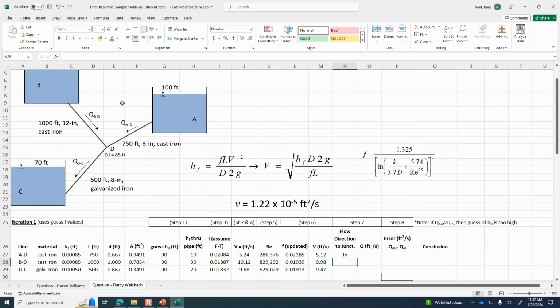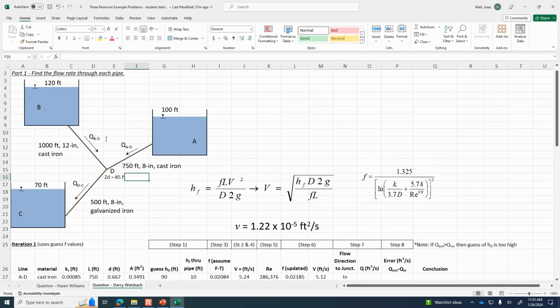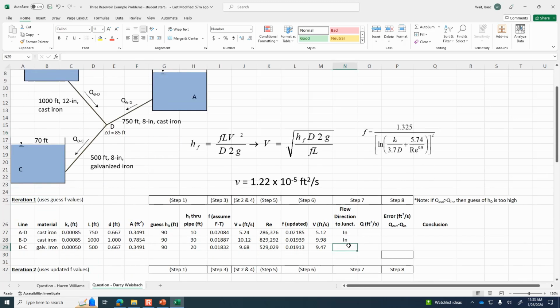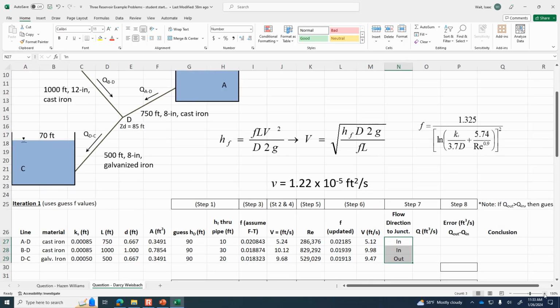BD is also in, because if the head at D is 90, then water's going to flow from 120 to 90, so the flow direction is from B towards D. That's also an in. And then this last one is an out, because it's going to go from 90 to 70, flowing out of the junction towards reservoir C. So these are the labels that we apply.